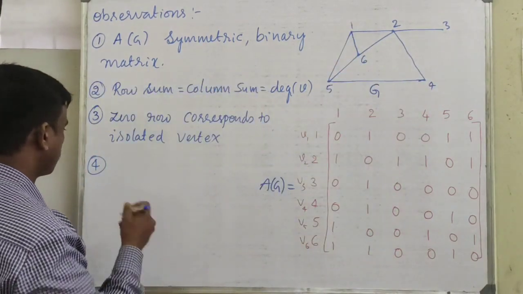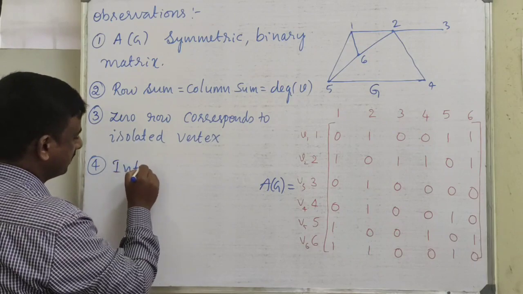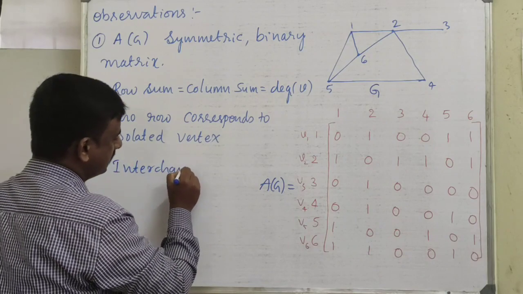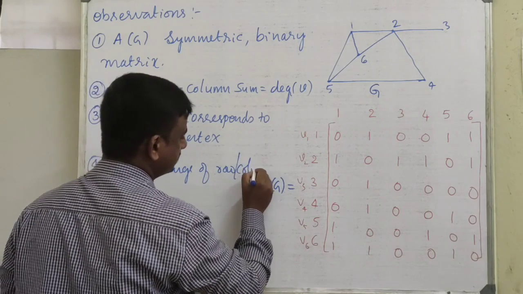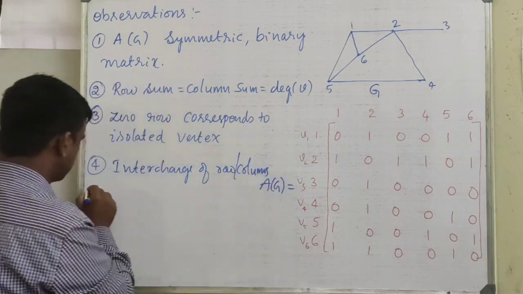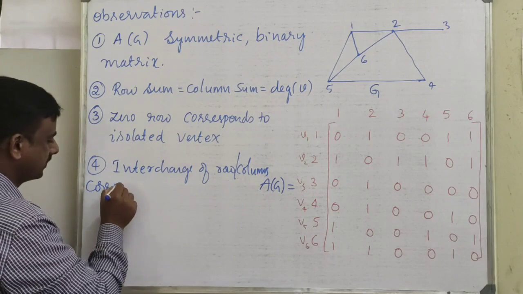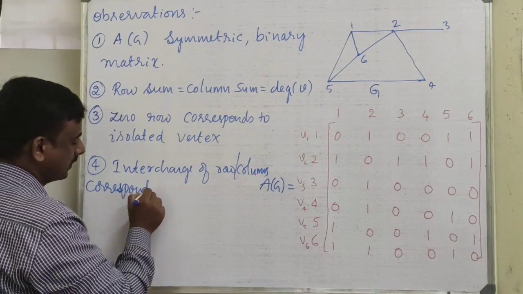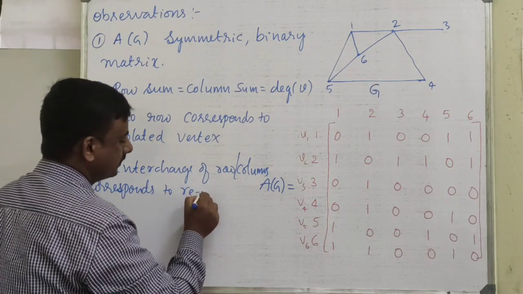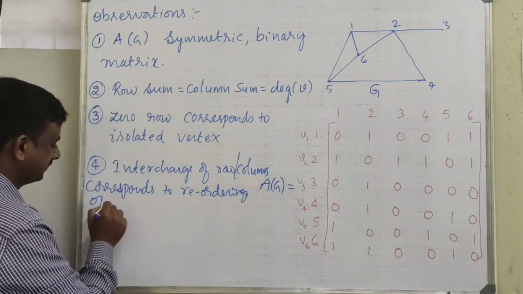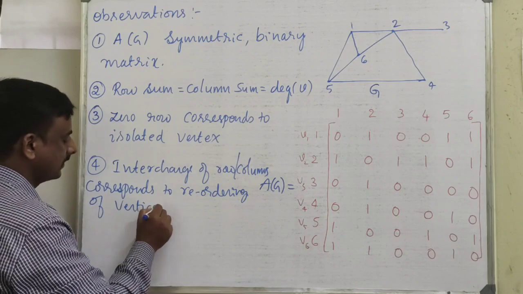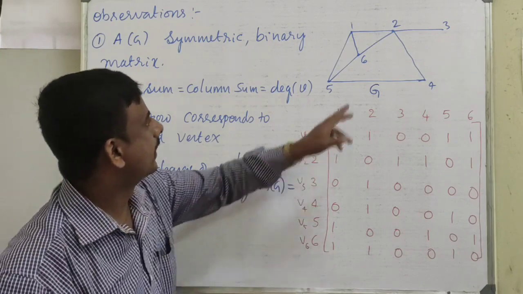So interchange of rows or columns corresponds to reordering of vertices. You can just reorder here.